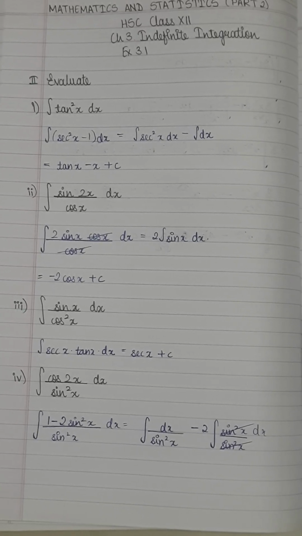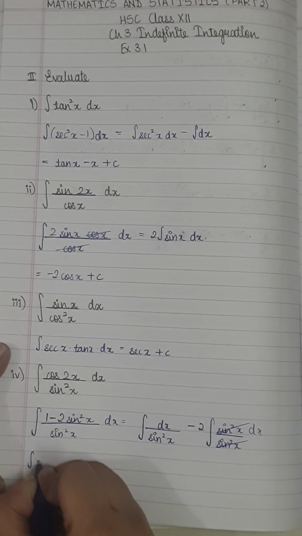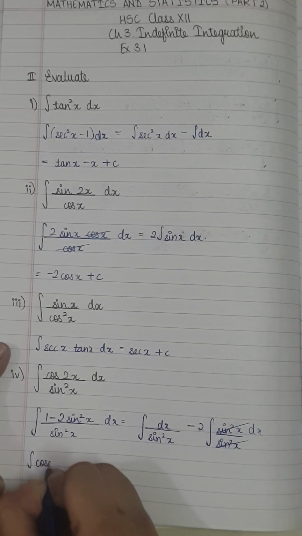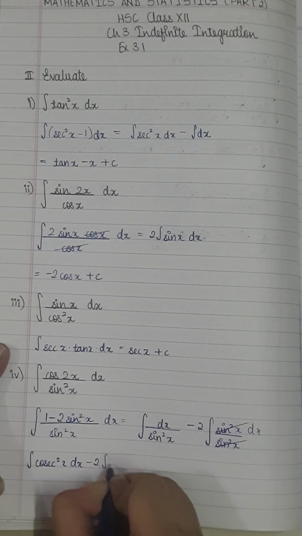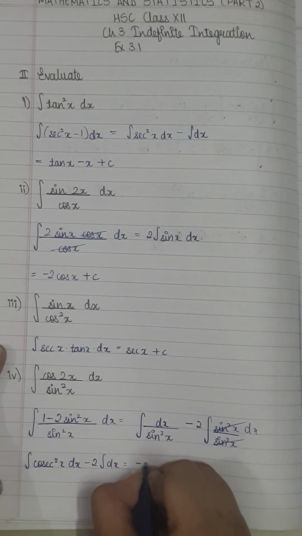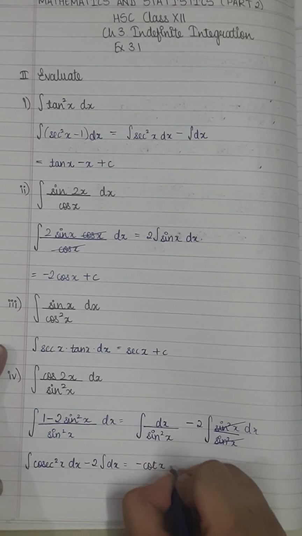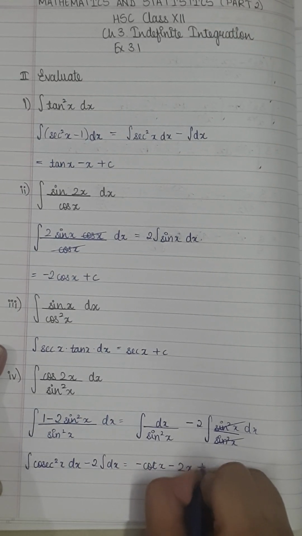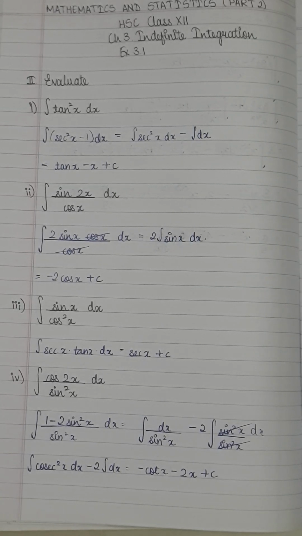On simplifying this, 1 upon sin square x becomes integration of cosec square x. So integral cosec square x dx minus 2 into integral of dx. Integral of cosec square x is minus cot x. Minus 2 integral of dx can be written as minus 2x, and plus your integration constant. That's your answer. Moving on to the next question.